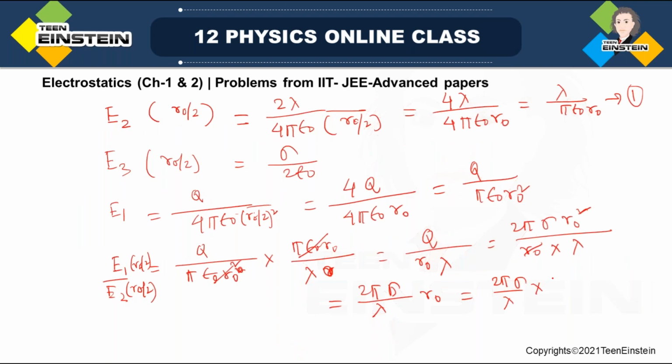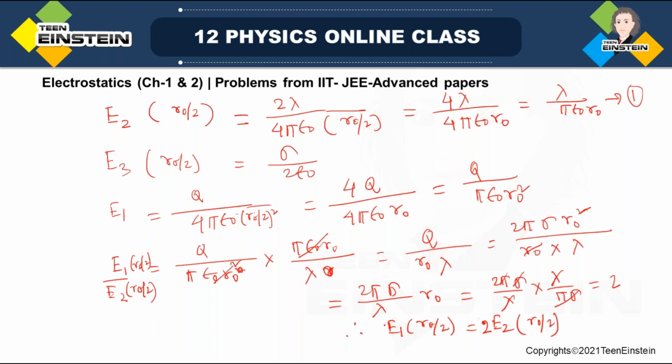Lambda by pi sigma, so pi sigma got cancelled, and this got cancelled, so it is 2. That means E1 at r0 by 2 and E2 at r0 by 2 are related like this: E1 at r0 by 2 is equal to 2 into E2 at r0 by 2.